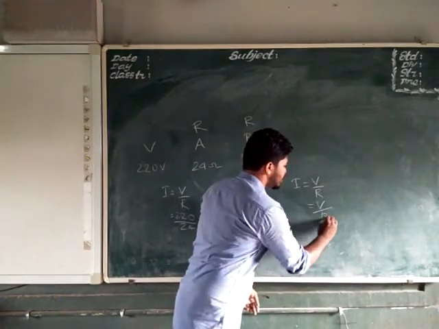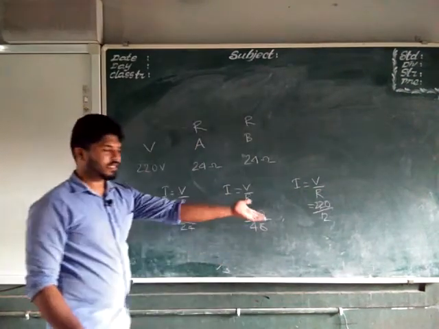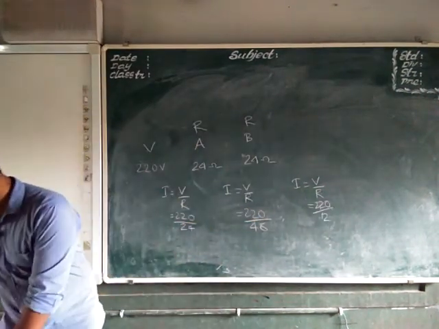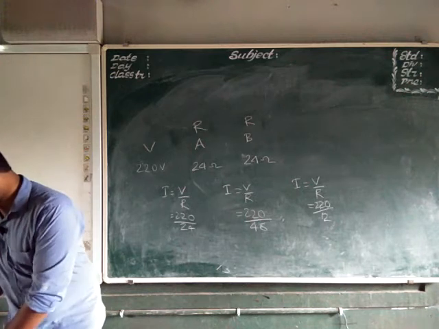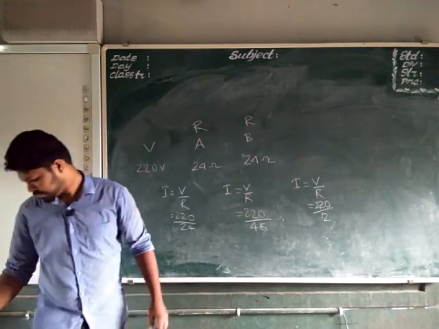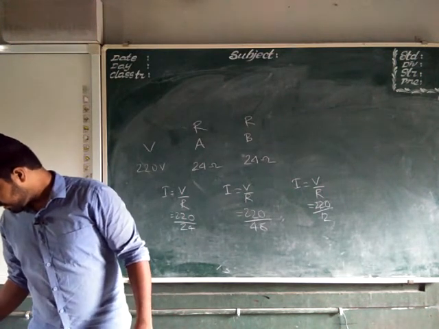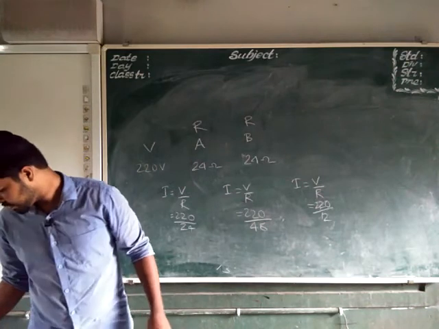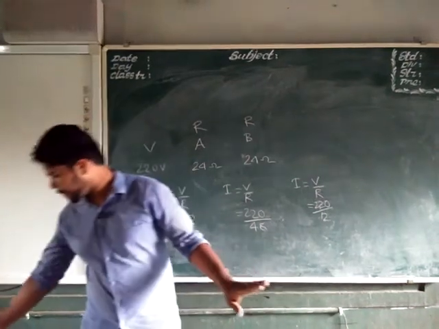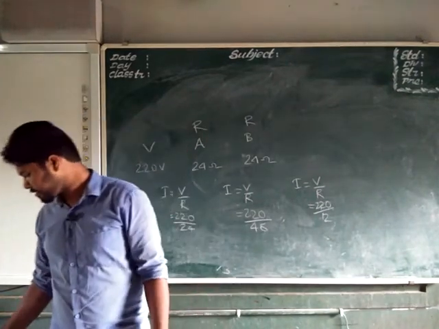So it becomes 220 by 12. So you have to write the answers here. Let me check what were the answers of the 13th question. It's 9.2, 4.6 and 18.3. So these are the answers respectively.